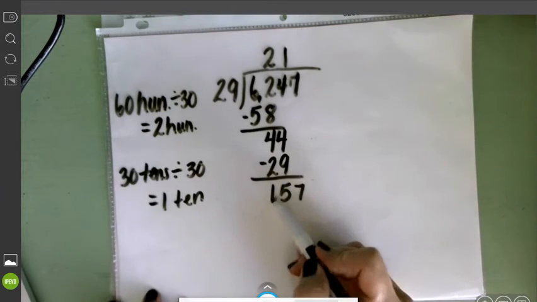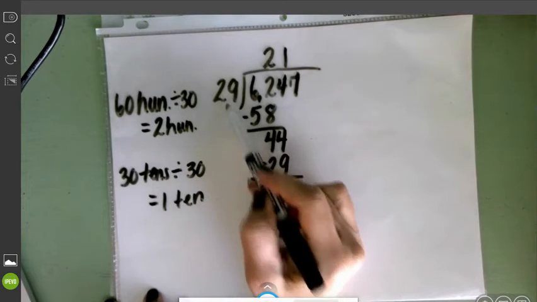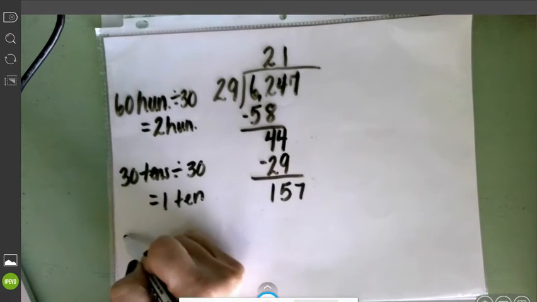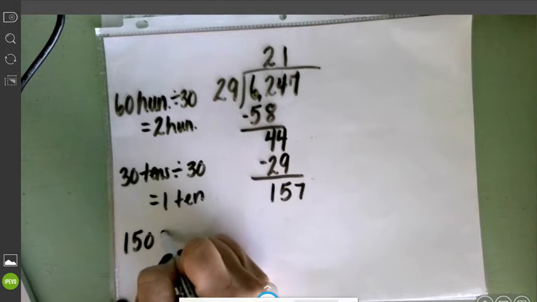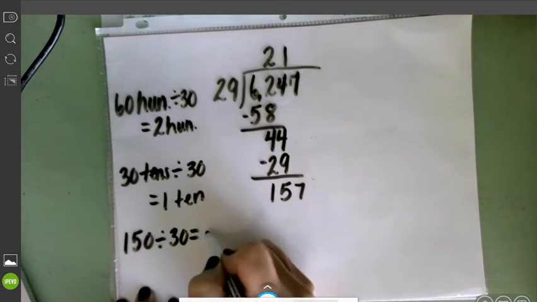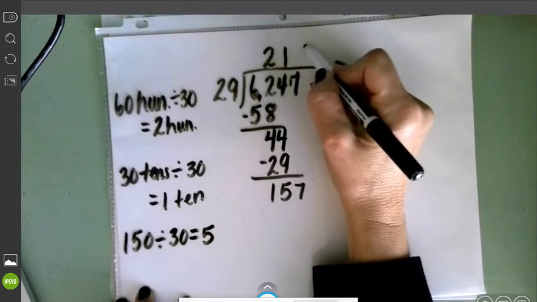Well, I know that 15 is divisible by 3, and 29 is close to being 30 or 3 tens. So I'm going to use 150 ones divided by 30 ones is equal to 5. So now I'm going to record my 5 in the ones place.